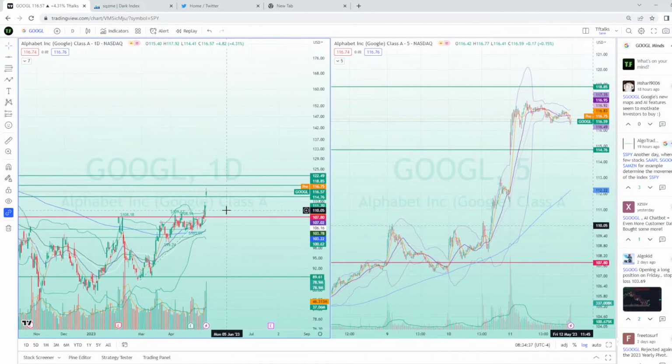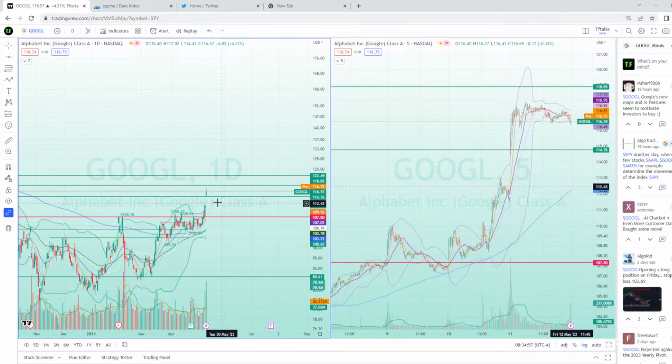But for the long-term expectations, I still believe Google is undervalued compared to the other big tech stocks, like Apple, Microsoft, and Nvidia.